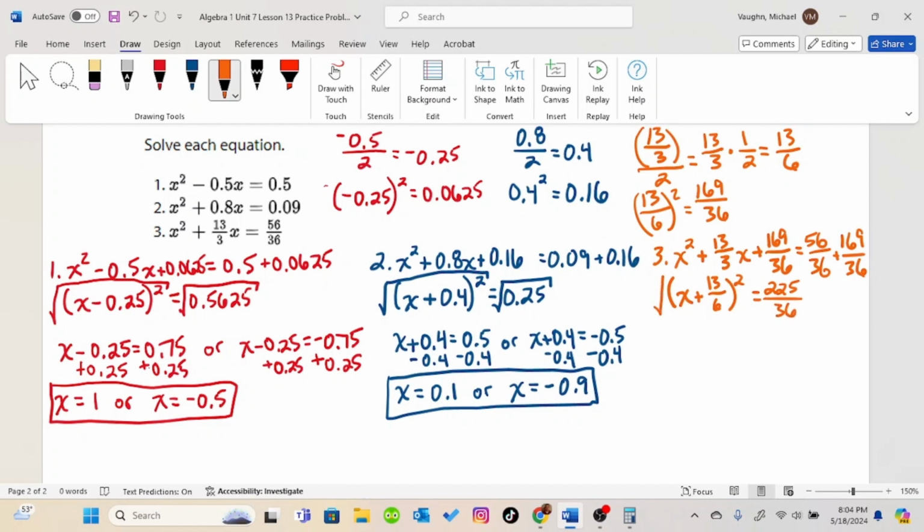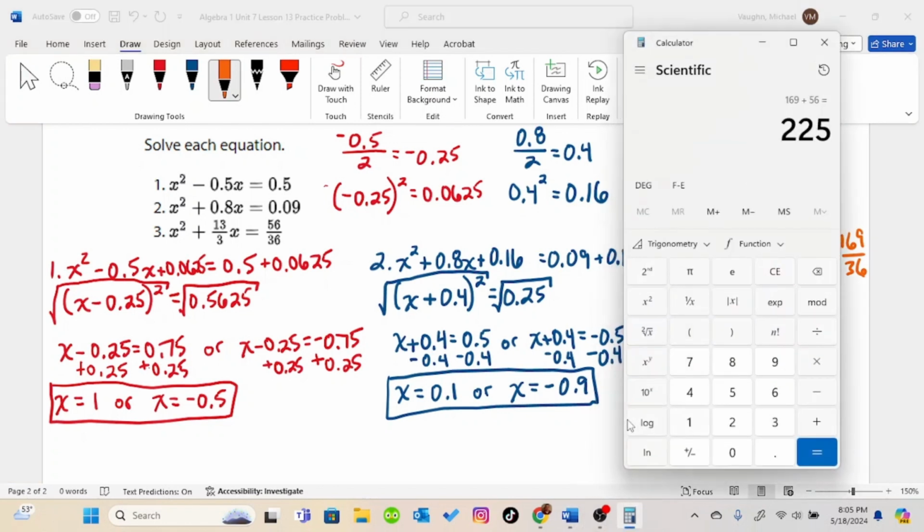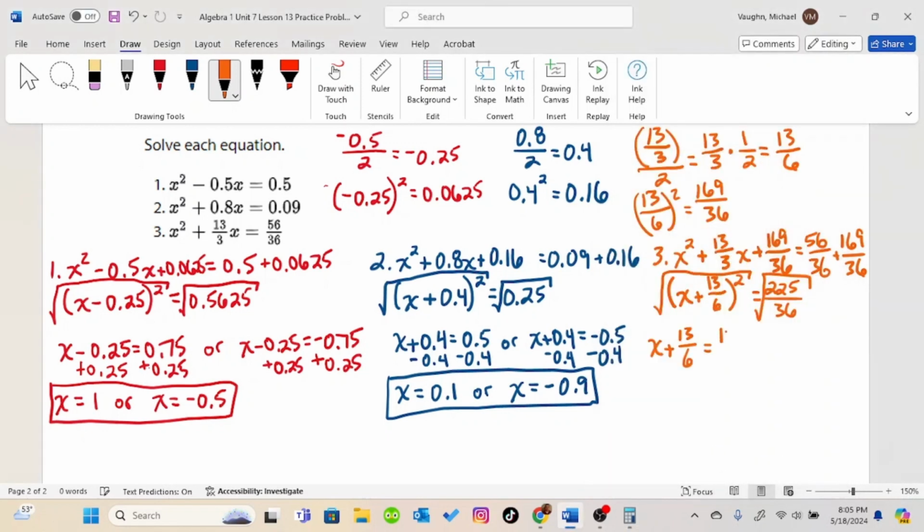So now we can take the square root of both sides, and we find out that x plus 13 over 6 equals 15 over 6, or x plus 13 over 6 equals negative 15 over 6.